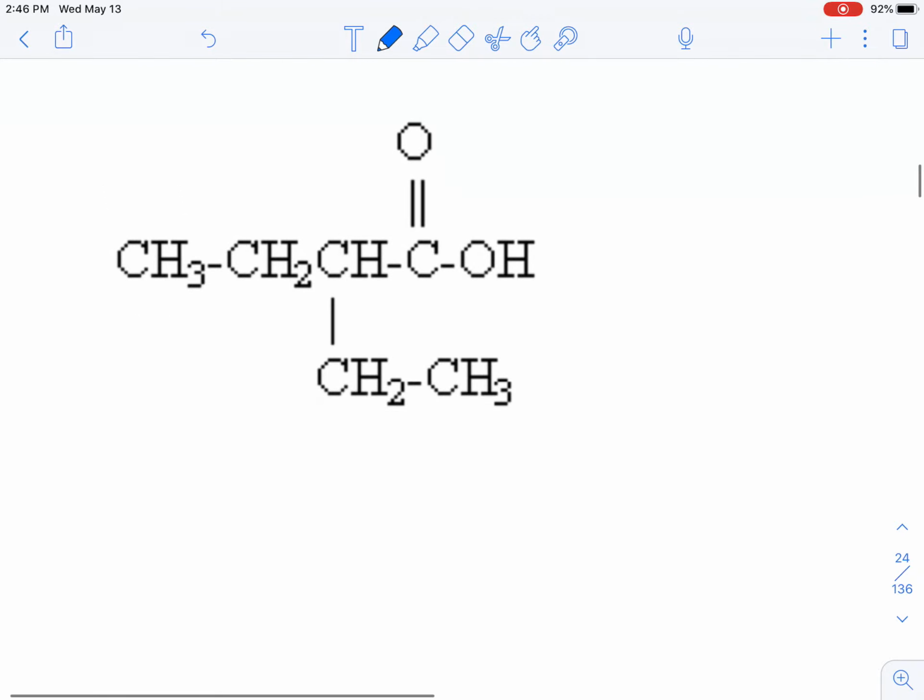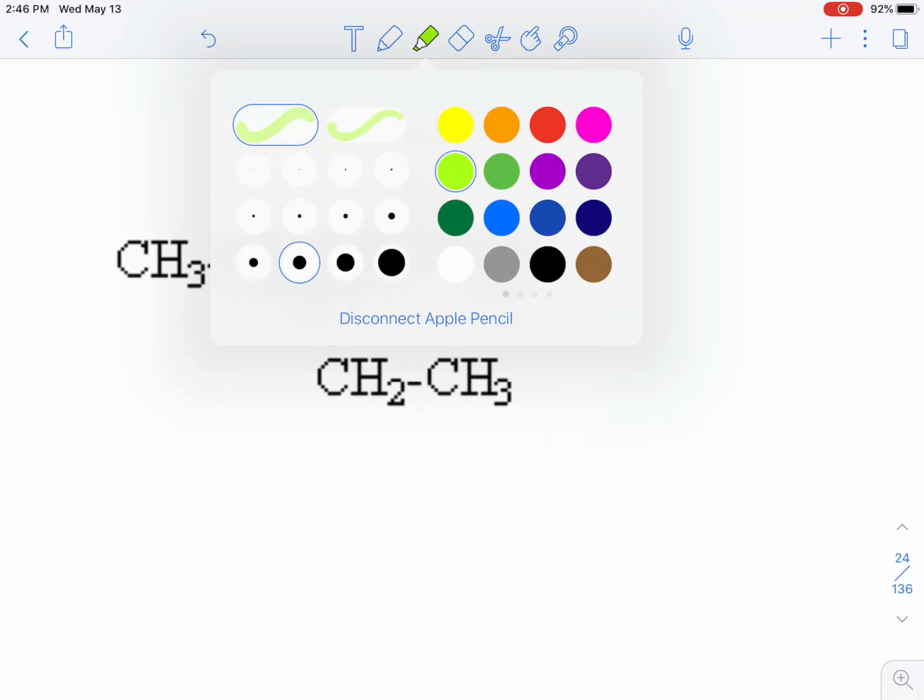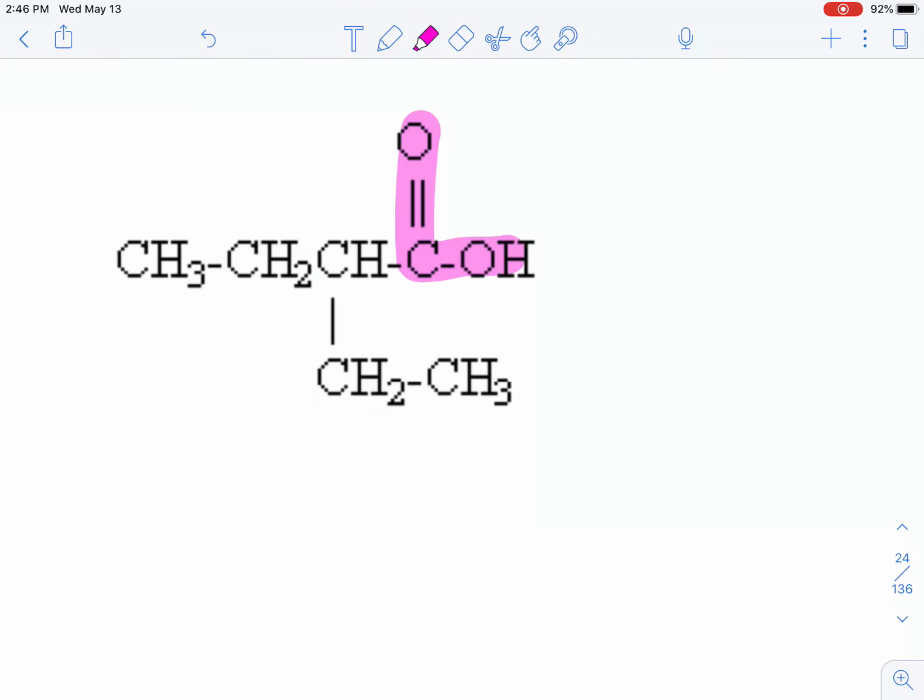All right, so looking at this organic compound, automatically I recognize that this is a carboxylic acid. That means that this carbon is always carbon number 1. Now I need to identify my longest carbon chain that contains my carboxylic acid.